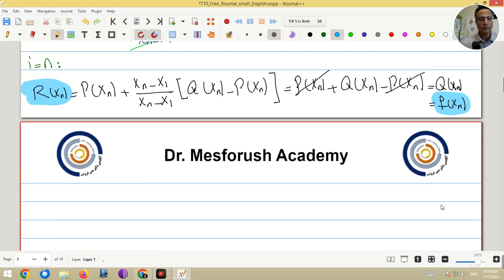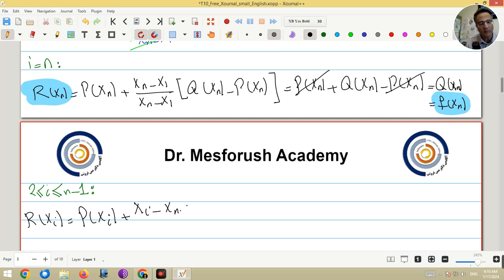This is true. Now for the third part we have to consider i greater than or equal to 2 and less than or equal to n minus 1. In this case we compute r at xi. This is equal to p at xi plus xi minus x1 over xn minus x1 times q at xi minus p at xi.